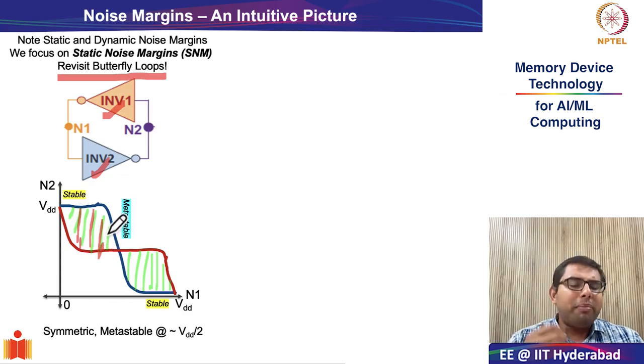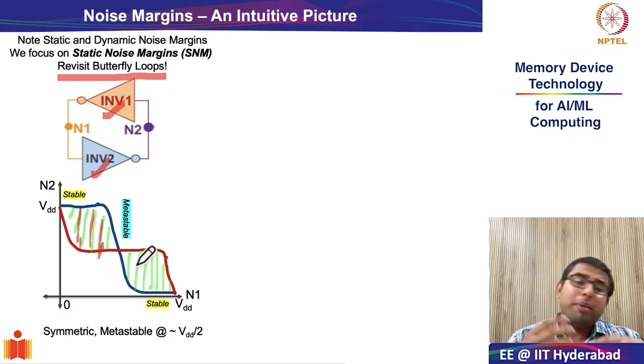So somehow we can intuitively understand that the noise margin of such a system will also depend on the area under the hysteretic curve, which I have marked here with these green dashes. In the simplest example, we had a symmetric inverter. What is the meaning of a symmetric inverter?